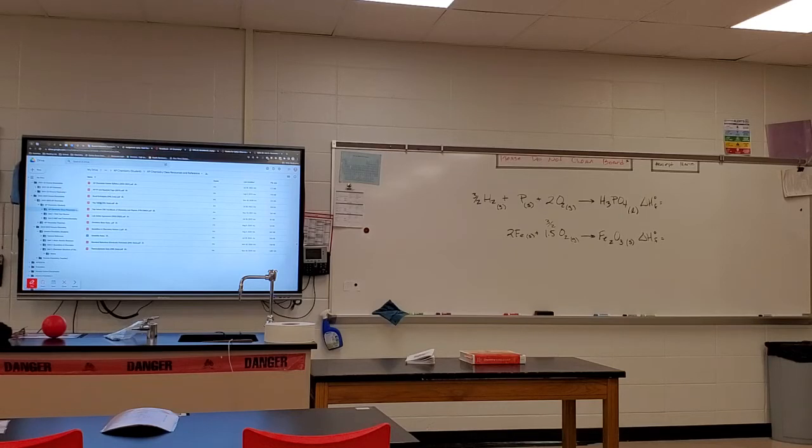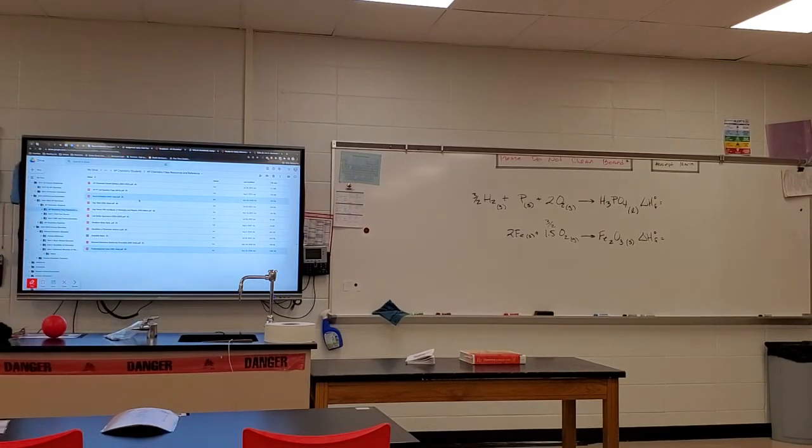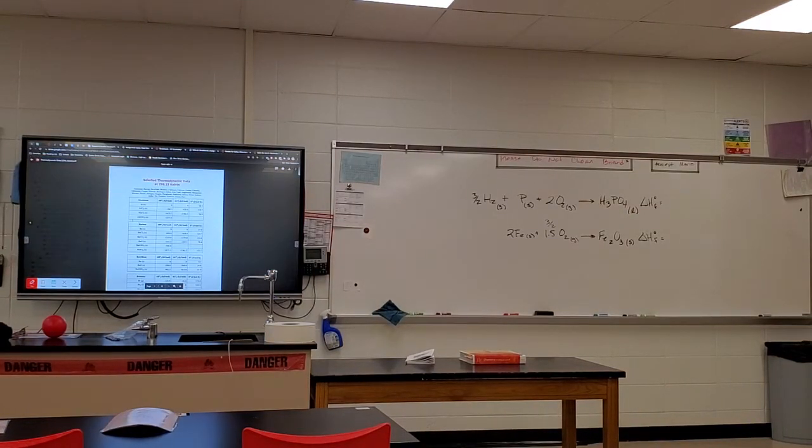Now, in the class resources, you have bond enthalpies, which we are using in this chapter, in this unit, and you have the thermodynamic data, the OWL data. So these 2 documents, they're the OWL data that you have when you go to the resources. So instead of going to that drop down, you can open this up in Drive and do a split screen or something along those lines if you wanted to, okay?